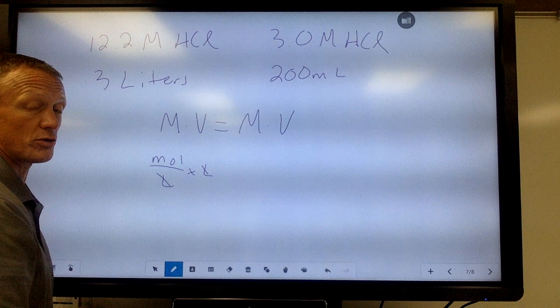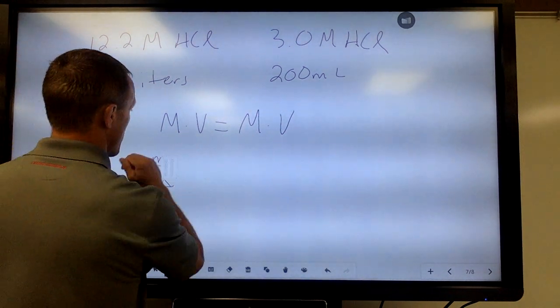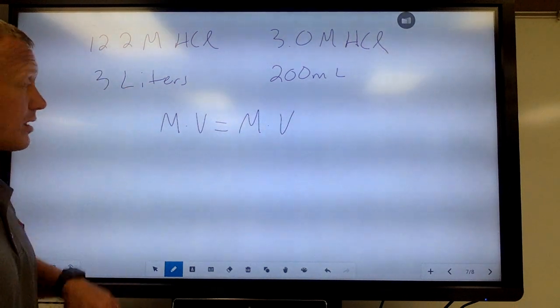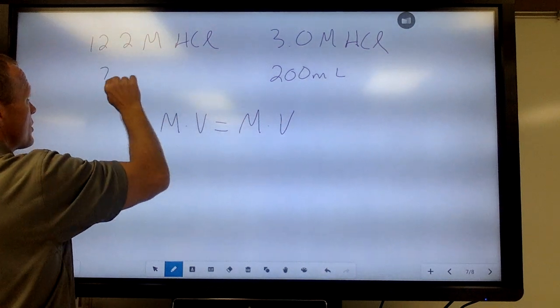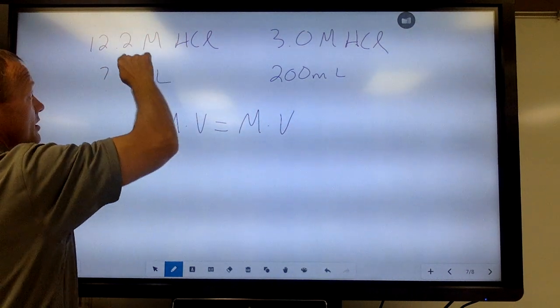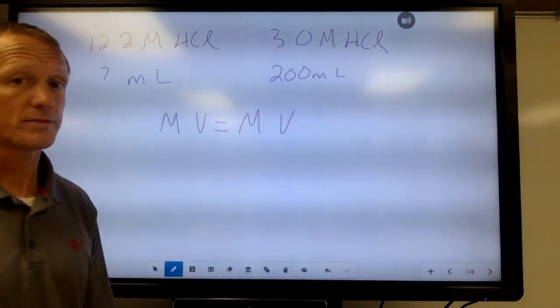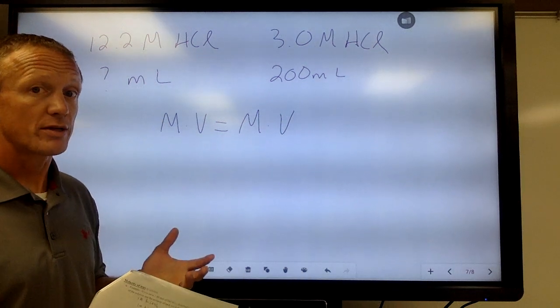So really we're saying moles equals moles. So really what I want to know in this question is this. I know I don't need all 3 liters of this. I want to know how many liters, or probably how many milliliters, do I need to use of this to make 3 molar HCl that is 200 milliliters. And then how much water do I need to mix with it?